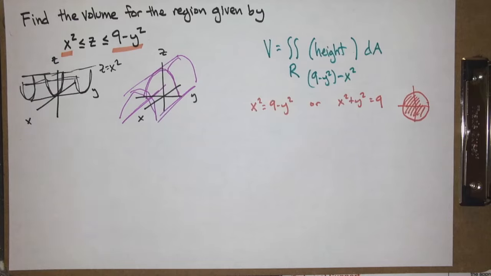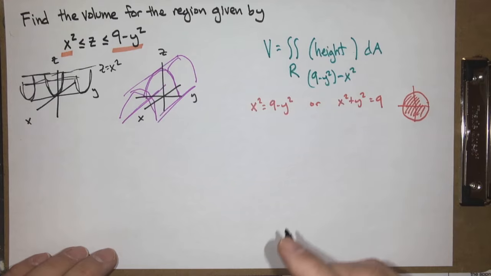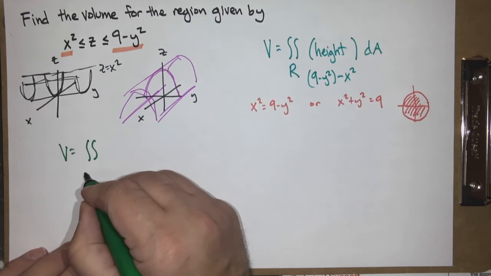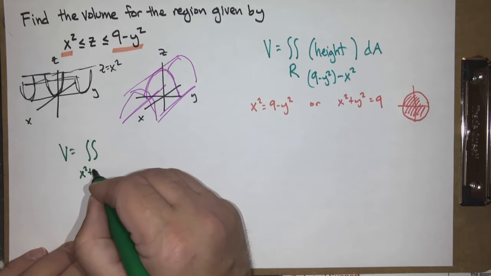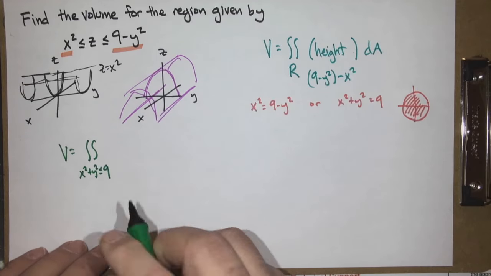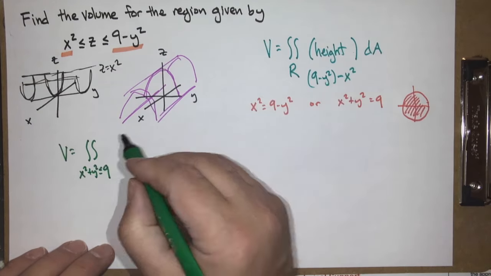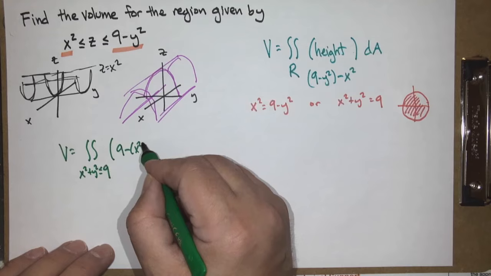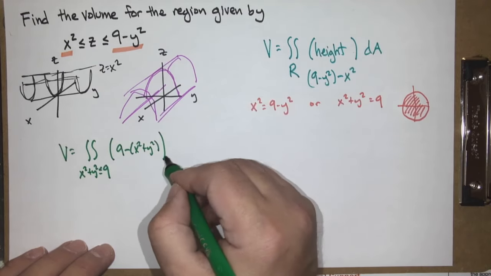Okay, so updating. We have the following. The volume we're after is the integral over the circle x squared plus y squared less than or equal to 9. That's our region. Now we can rewrite this as 9 minus (x squared plus y squared) dA.